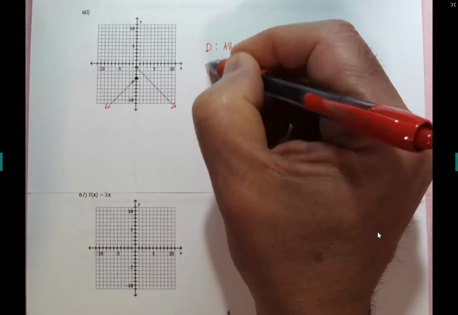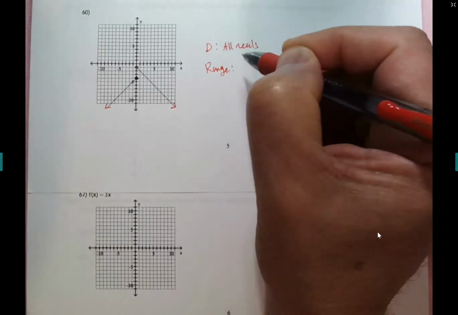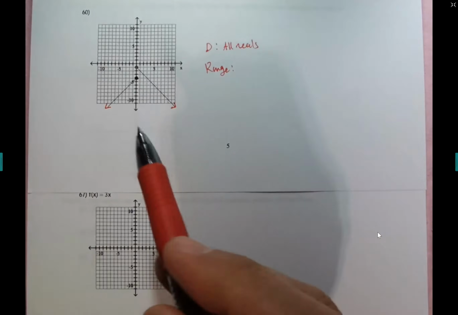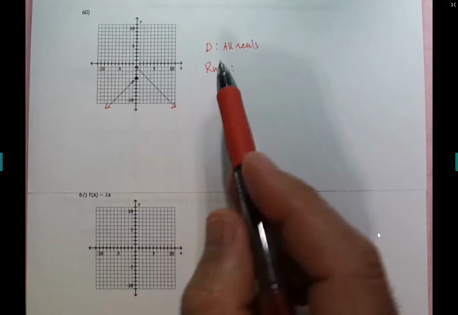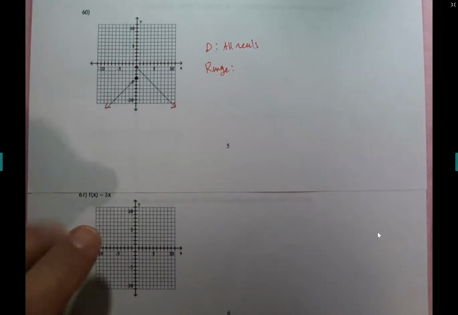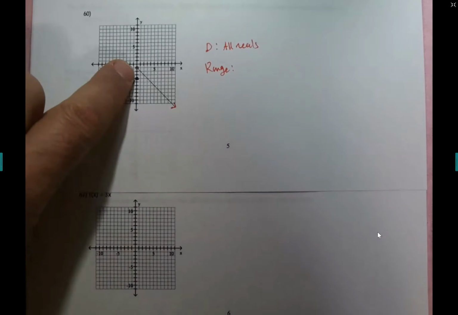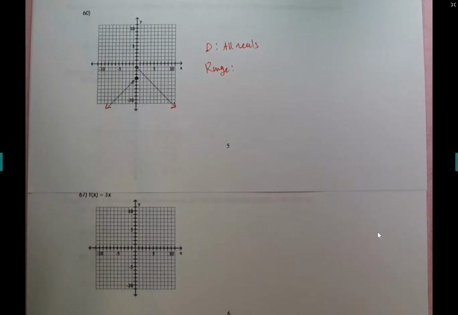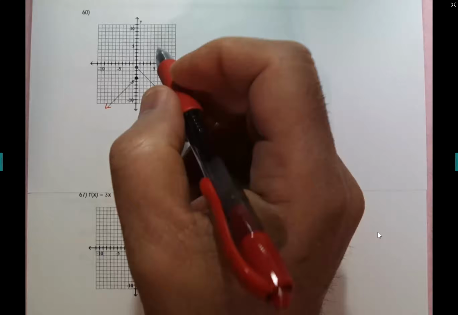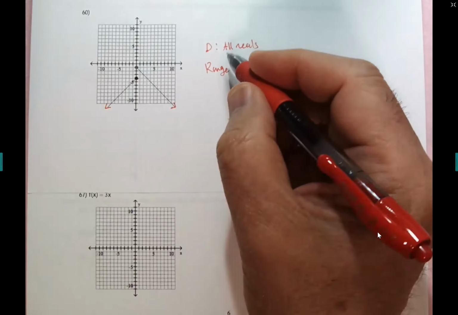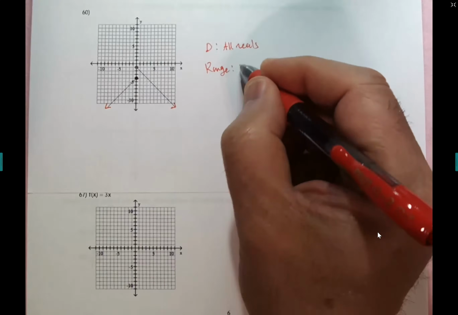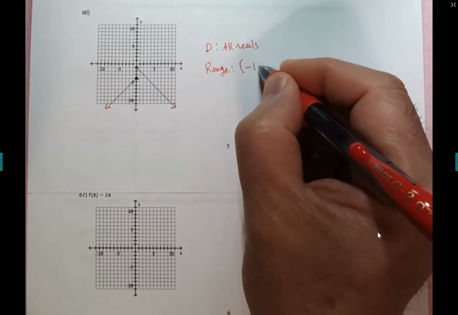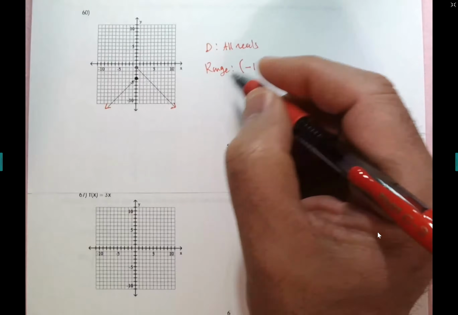But what about the range, guys? The range are the y values. Any ideas? Remember, this point is not included here. So I need y values. It starts here, which is at -1, but doesn't include the -1. And so it's from -infinity to -1.